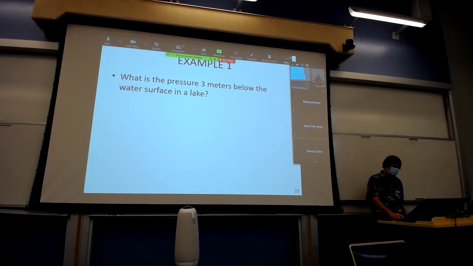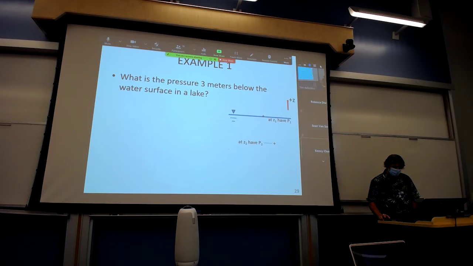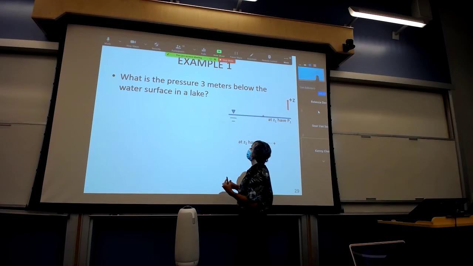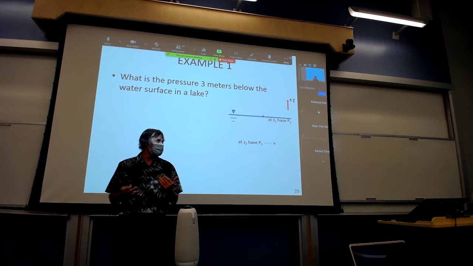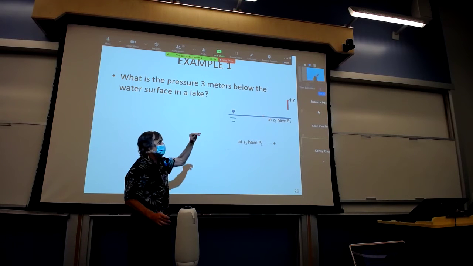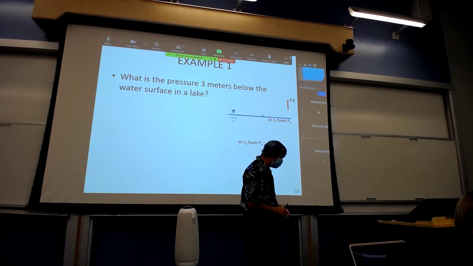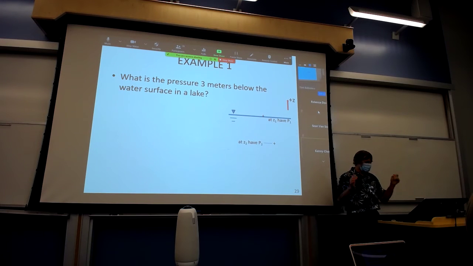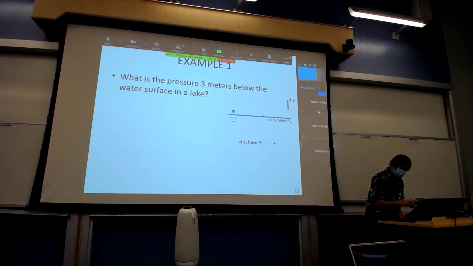So, first example for today. We've got basically the same situation, only the question is, what's the pressure 3 meters below the water surface in a lake? So the question would focus on this.